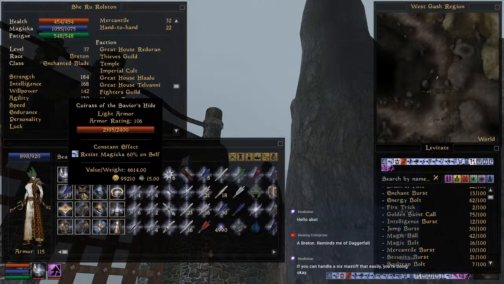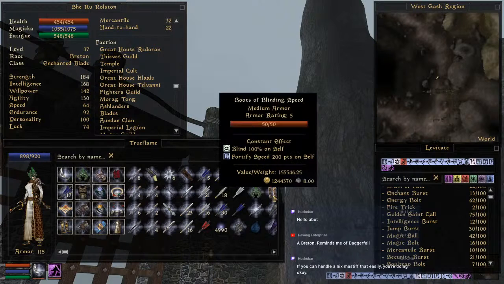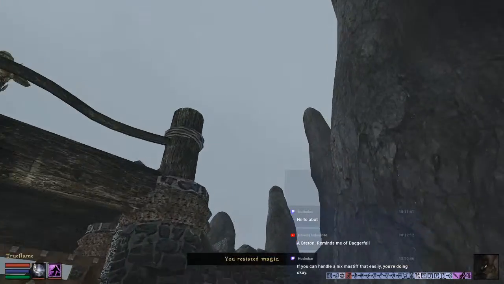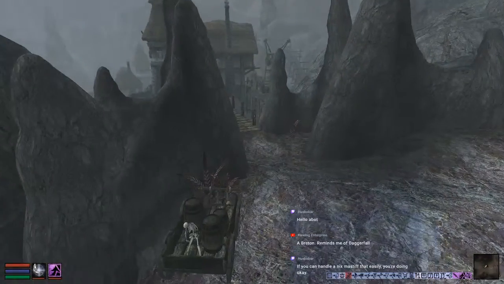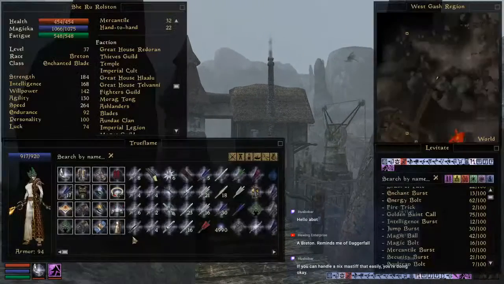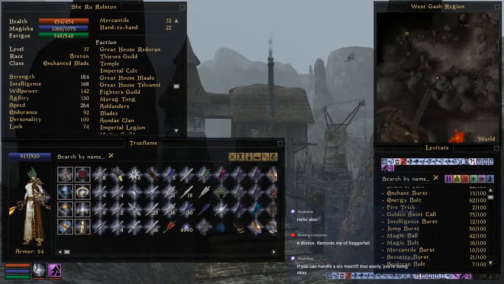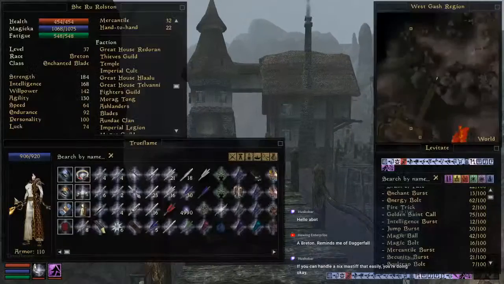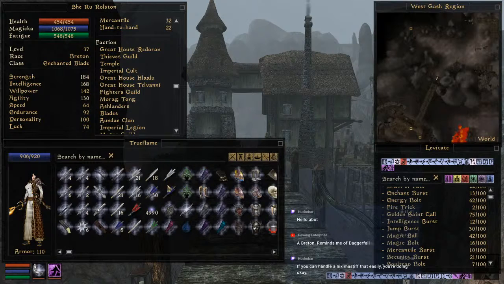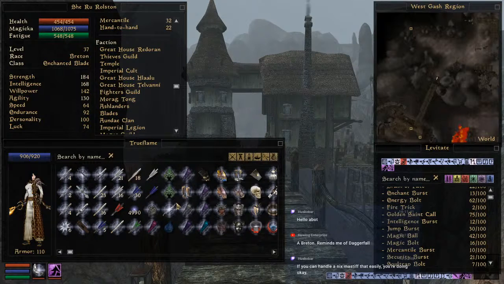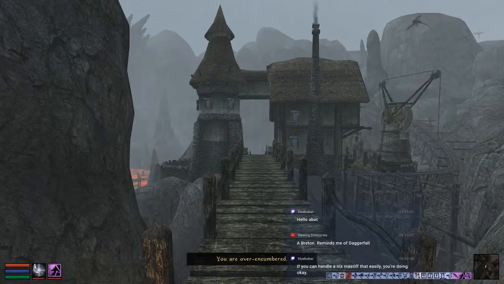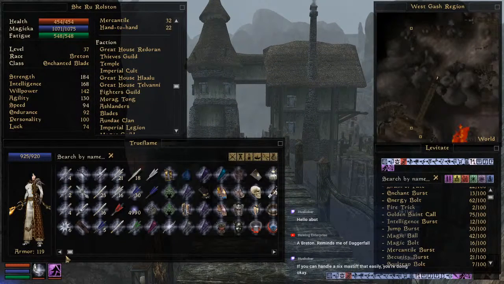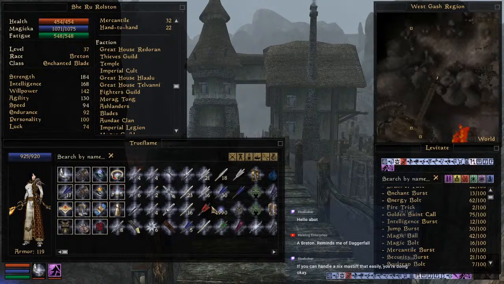Oh, we are using our cuirass on the Savior side, so we can use also the boots of lightning speed. Got there. I need my strength.